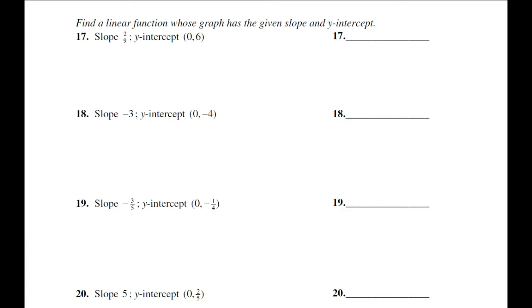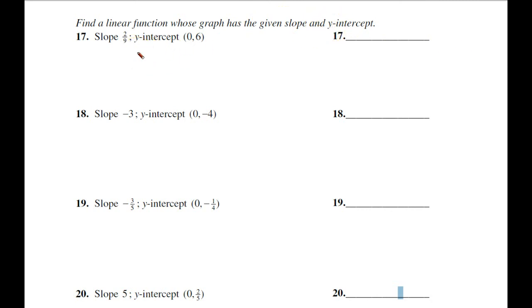Okay, these next few are actually pretty easy because what they're telling us to do here is to find a linear function whose graph has a given slope and a y-intercept.